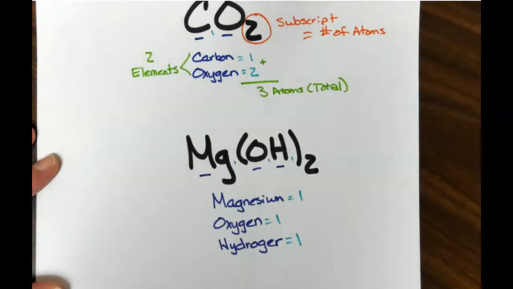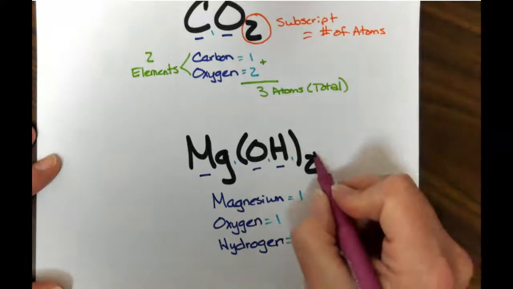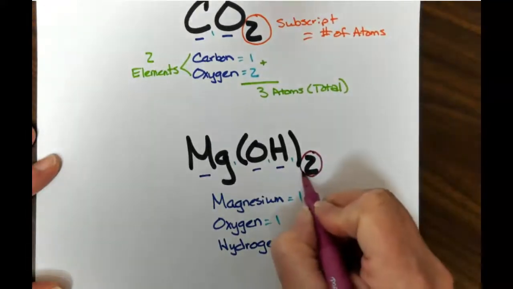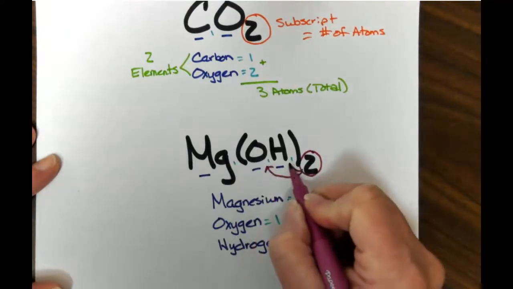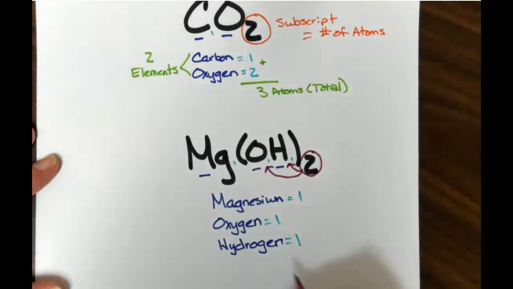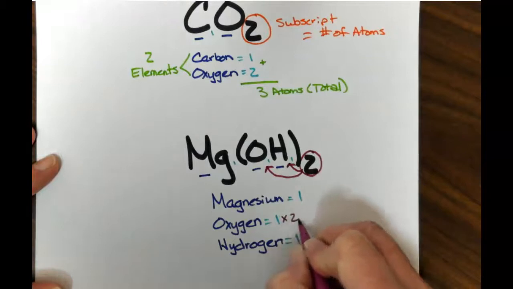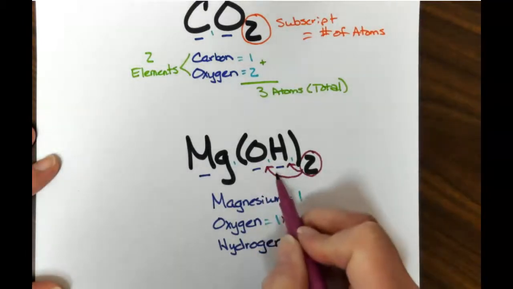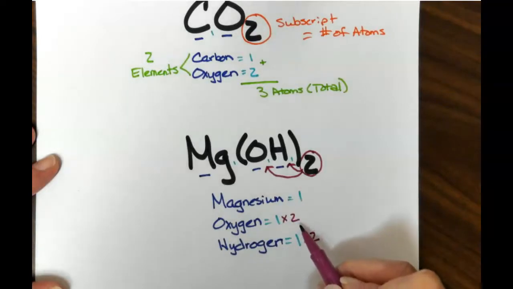Okay? Now, the next thing we need to do is to look at those parentheses. In math class, you have something called the distributive property. So we're going to do the exact same thing. I want to distribute this 2 that is outside the parentheses to everything that is inside the parentheses. And when I distribute it, I need to multiply. So oxygen and hydrogen are inside the parentheses, so they will get the 2.